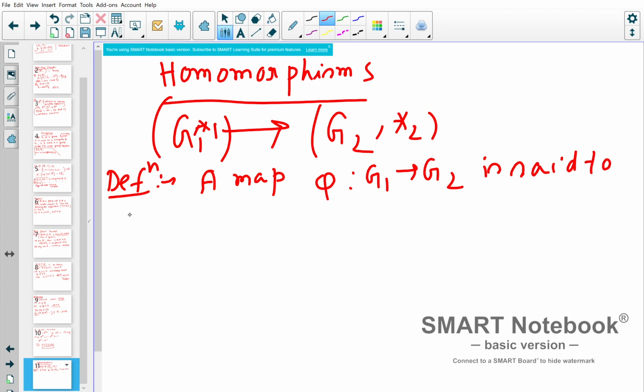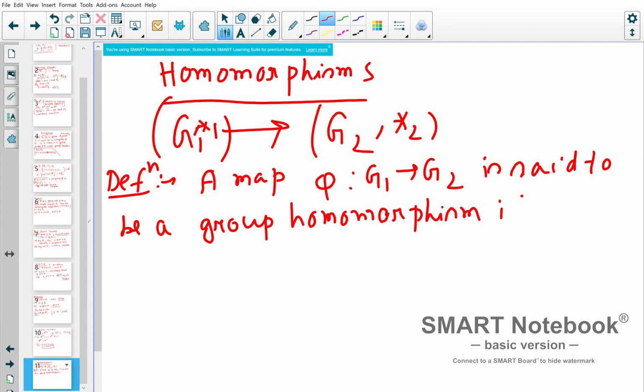This map is said to be a group homomorphism, or homomorphism of groups, whatever you say, if it preserves the structure. What does that mean?